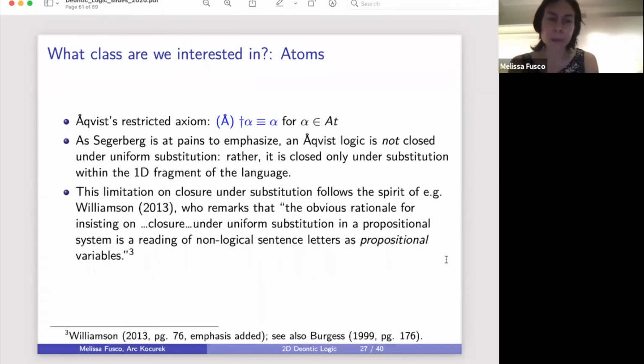Others say something similar. And so I take it that this is part of the literature that I learned about from Lloyd's book on just why we have uniform substitution and what its status in a logic is, or how we should think about what it's supposed to mean. That typically we frame our logics as having uniform substitution.